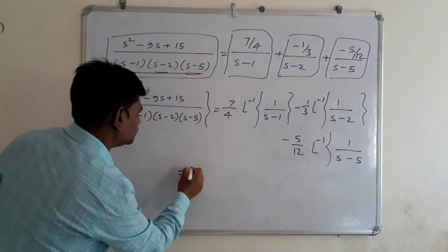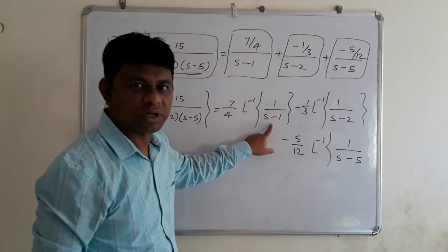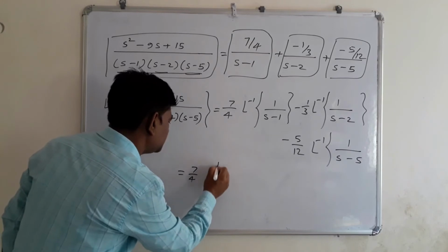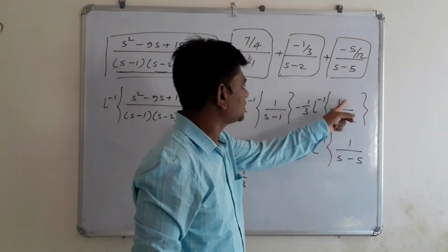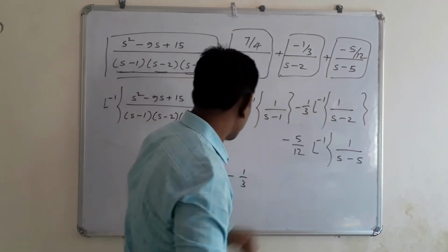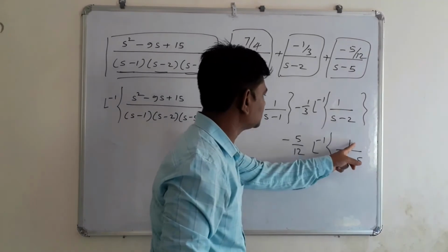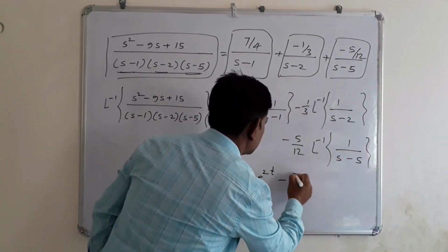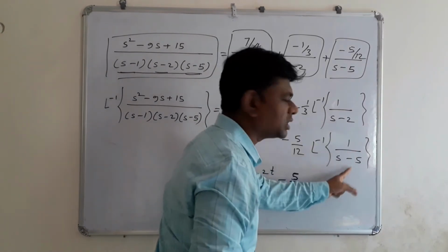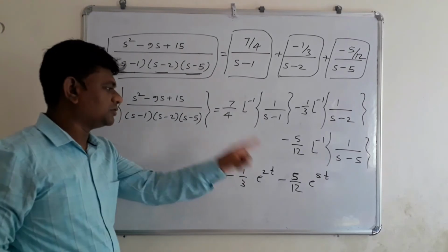This is equal to 7/4 times the inverse Laplace transform of 1/(s−1), the answer is e^t, minus 1/3 times the inverse Laplace transform of 1/(s−2), the answer is e^(2t), and the inverse Laplace transform of 1/(s−5), the answer is e^(5t).